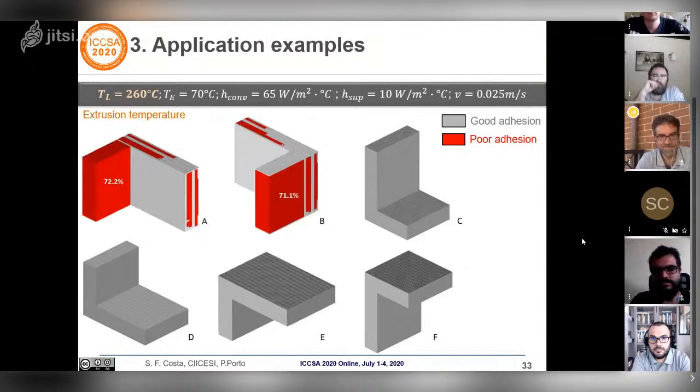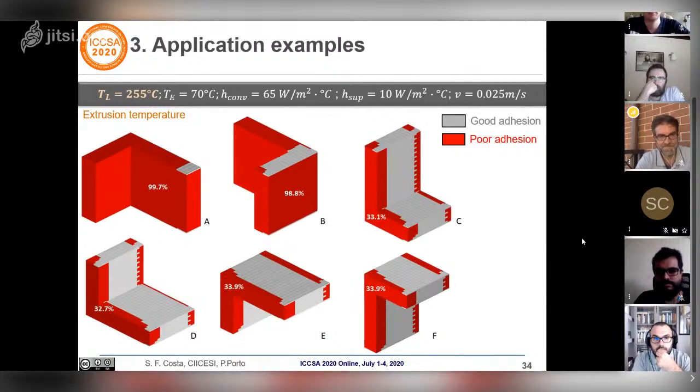But if the extrusion temperature decreases to 260 degrees, problems of adhesion appear for orientations A and B due to the variations in filament length. If the extrusion temperature is decreased again by 5 degrees, problems of adhesion also occur for the other orientations.